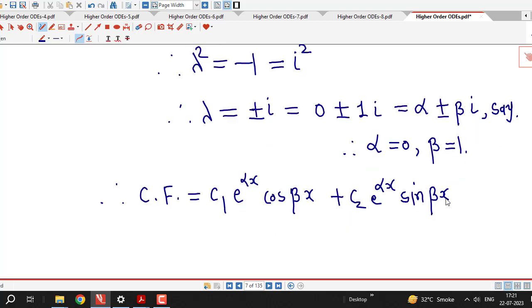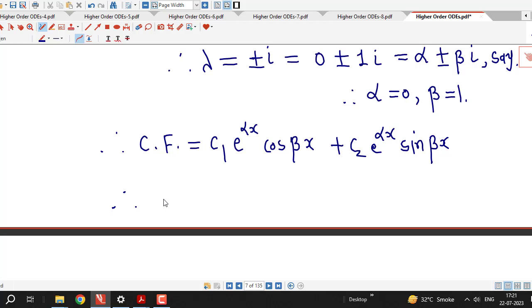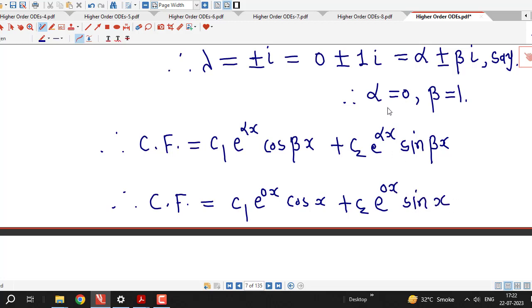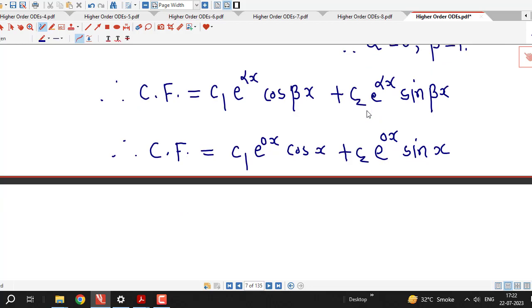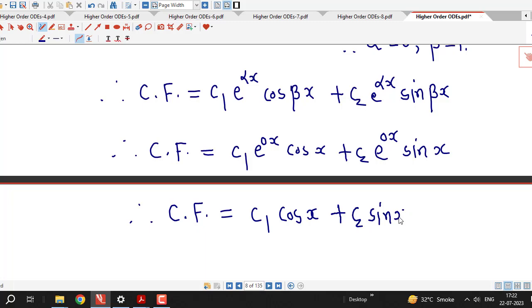Alpha is 0, beta is 1, therefore the complementary function is equal to c1 times e raised to 0x cos x plus c2 times e raised to 0x sin x, and therefore our complementary function is equal to c1 times cos x plus c2 times sin x.